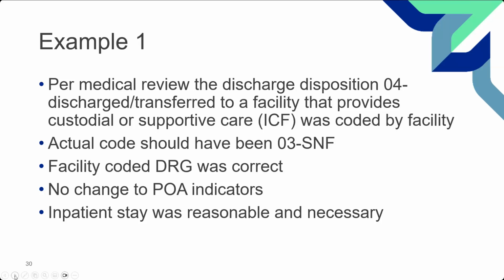There was no change needed in the present on admission indicators either. The inpatient admission was also looked at, and it was for an open reduction and internal fixation of a fracture of the right proximal humerus. That was also found to be reasonable and necessary.